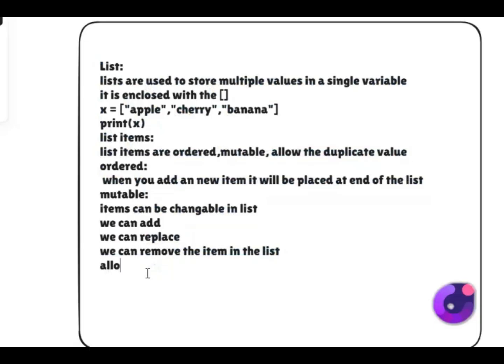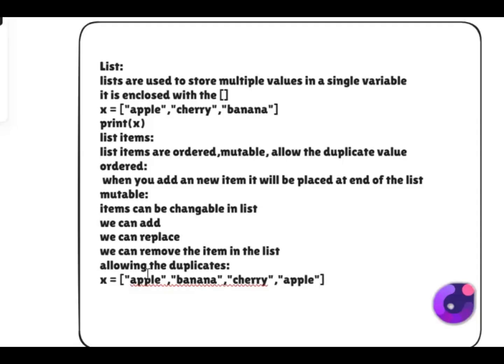What is meant by allowing duplicates? Let's understand with this example. Let's create a variable and a list, and write the same fruit names. Cherry, and let's write the same names.